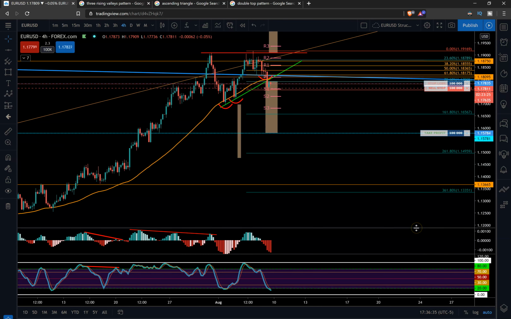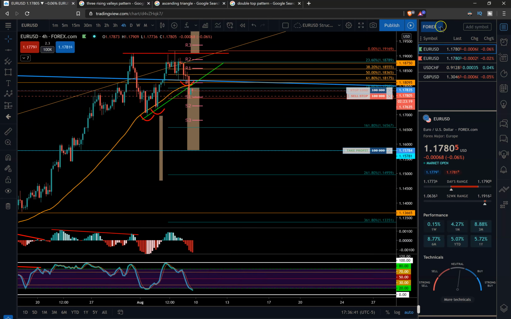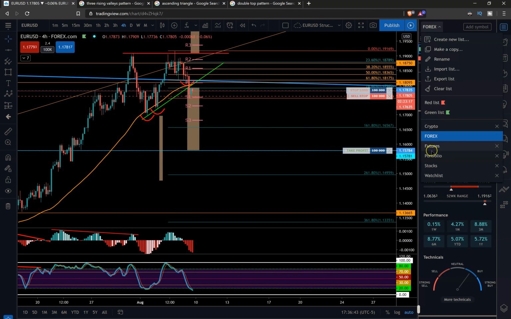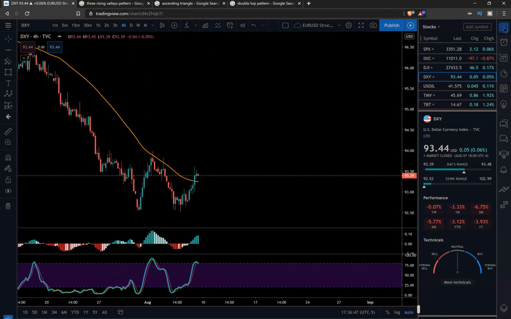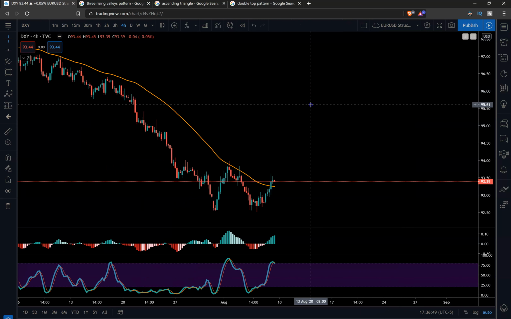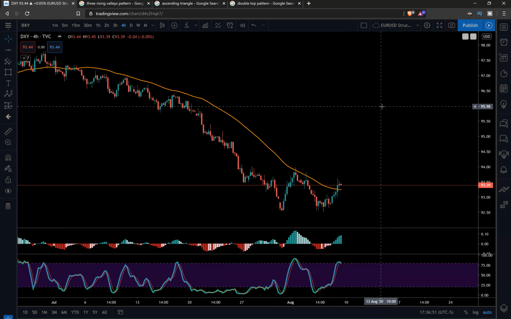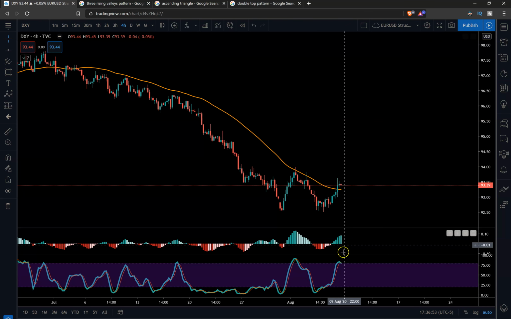I mainly trade off the 4 hour. That's what I think the euro is going to do. Again, it does depend on what the Dixie is doing. And let's go to the Dixie. The Dixie is just the inverse of what the euro is right now at this moment. We are in overbought territory.